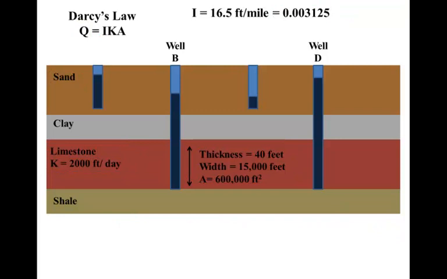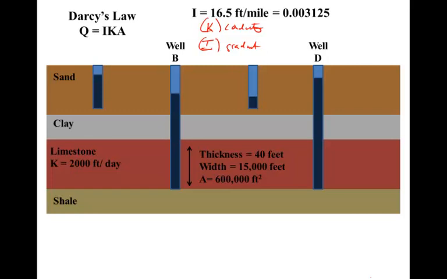Let's use Darcy's law in a slightly different way to calculate velocity of groundwater flow. Velocity of groundwater flow depends on two things: conductivity, K, the rate at which water is transmitted by the material, and the gradient, or I. Steeper the gradient, faster the velocity.